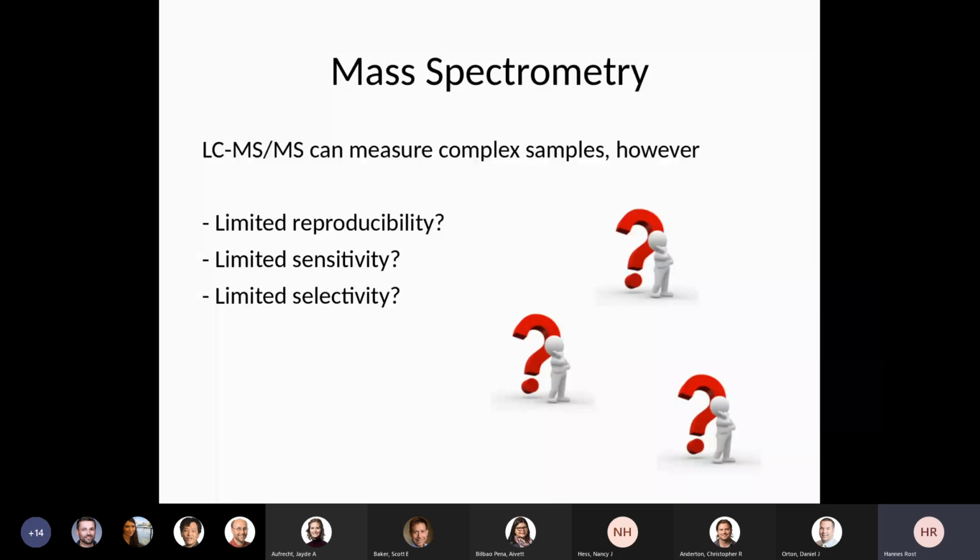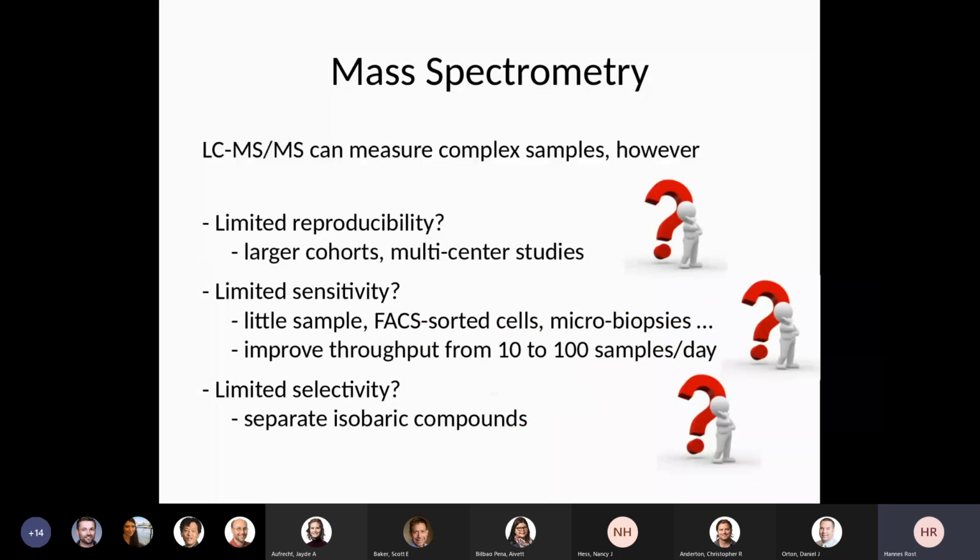And the reason we're interested in addressing these problems in my lab is that this will allow us to take the next step in proteomics and to move towards larger cohorts and multi-center studies.